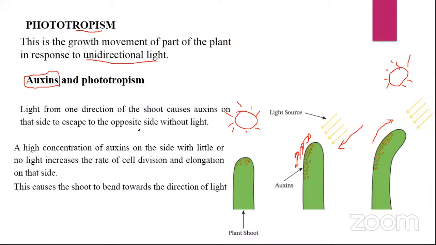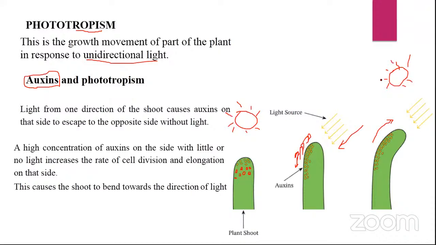I have said that when the sun is overhead, that is just above the shoot tip, the upper part of a seedling, it influences the auxins to be evenly distributed. That is, they are almost everywhere in the tip of the shoot, as you can see here.